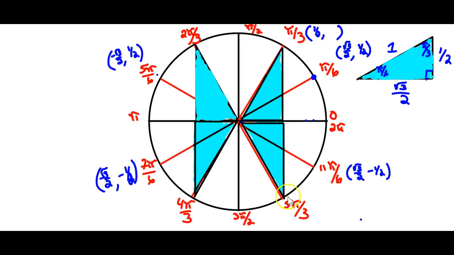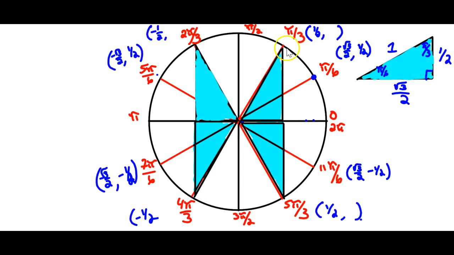Go over 1/2 and then down some y value. In both cases, x is positive because I'm to the right of the y-axis. Over here, my x value is also 1/2, but I'm to the left of the y-axis, so my ordered pair is going to be negative 1/2. Negative 1/2 down here as well because I'm going to the left, negative 1/2, and then down.